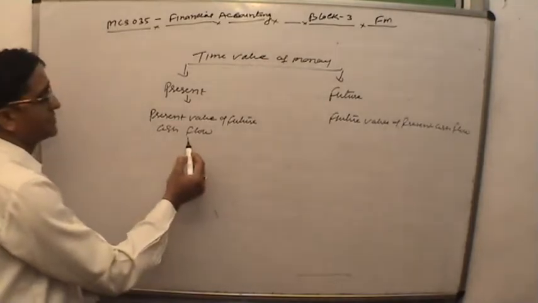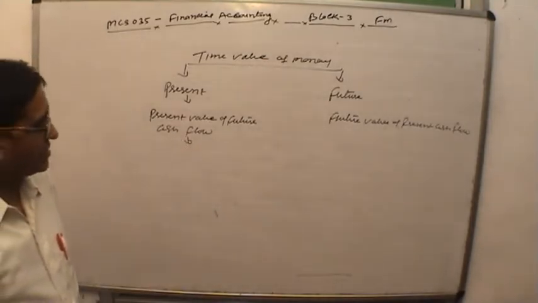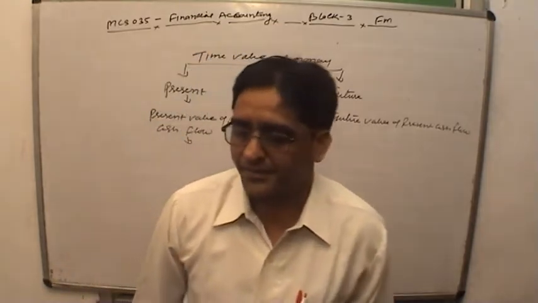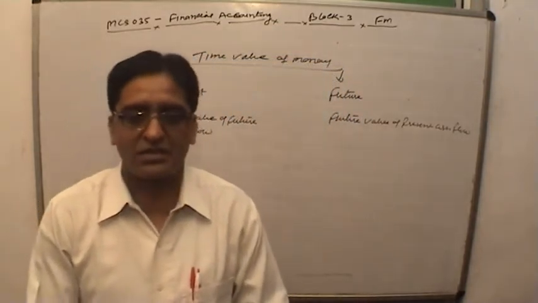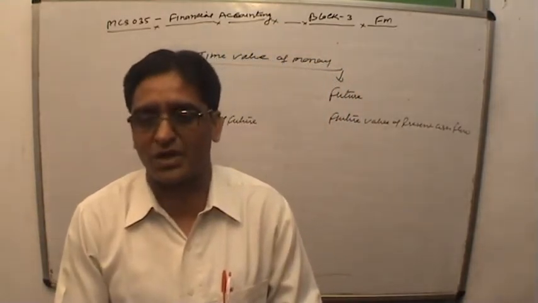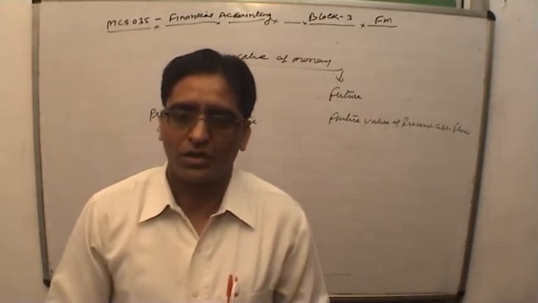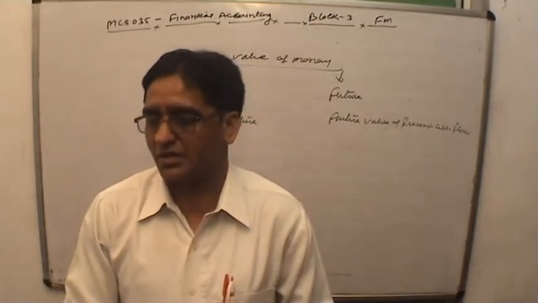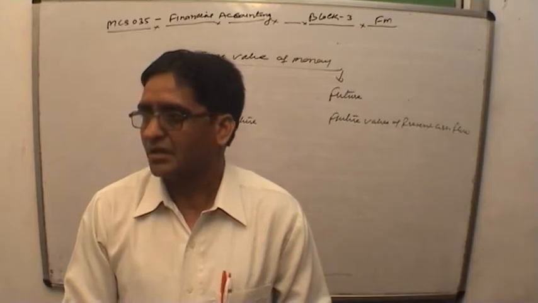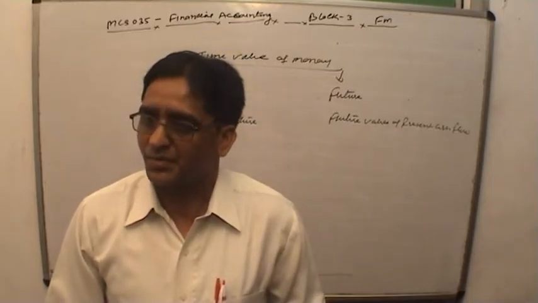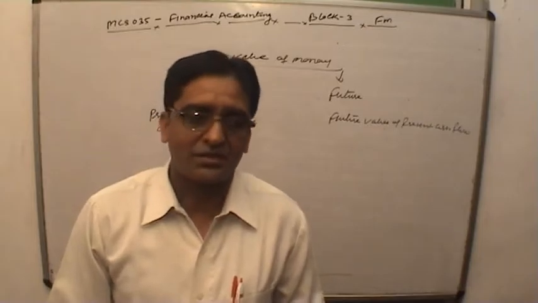Under this concept, we have taken an example. Suppose a person told us that if you pay rupees 1000 today, then I will give you 1020 after a year. It is 20 rupees more than the previous investment.